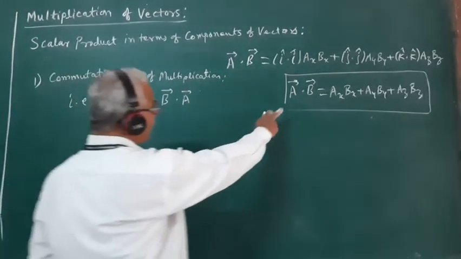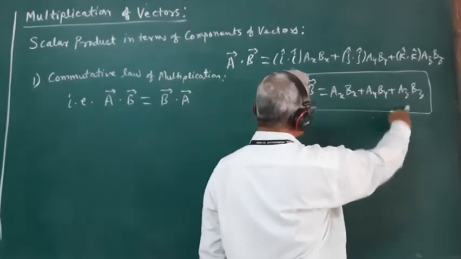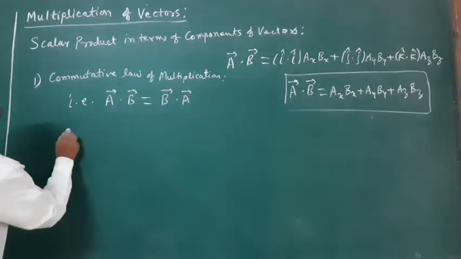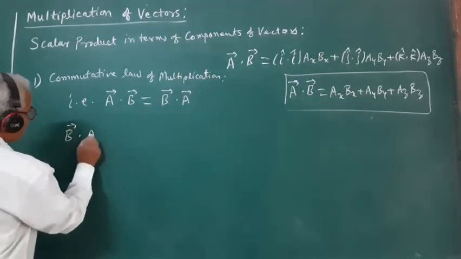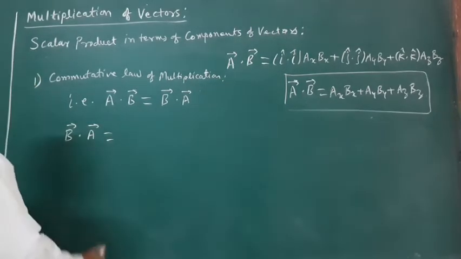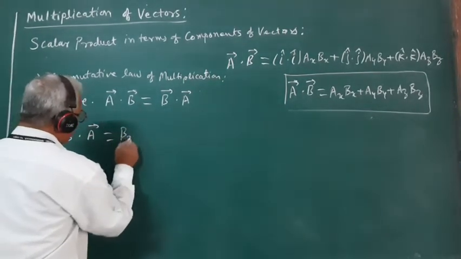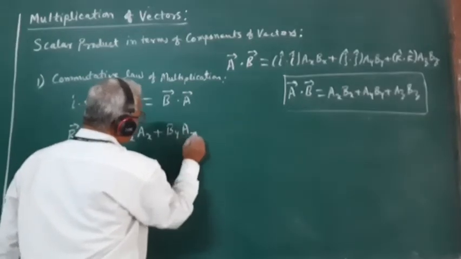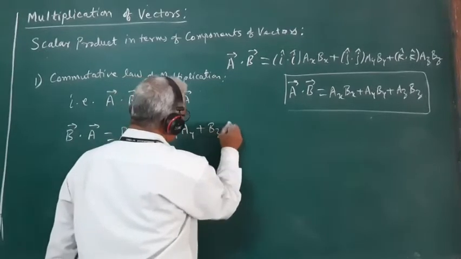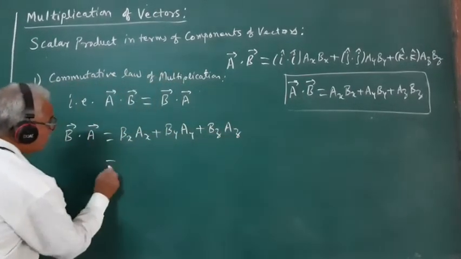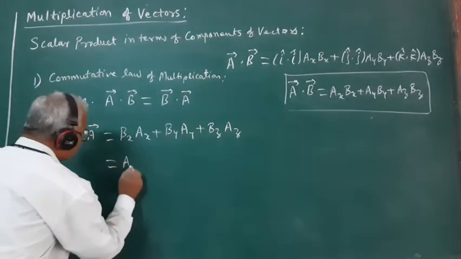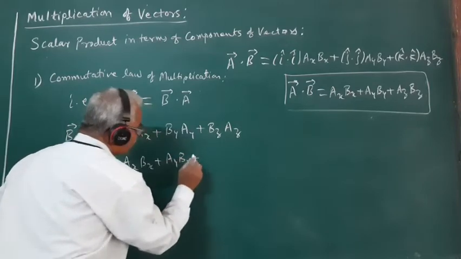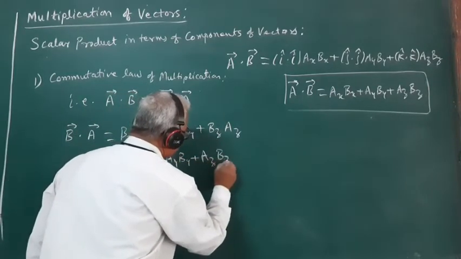We have said that A bar dot B bar is expressed as AX BX plus AY BY plus AZ BZ. And if we evaluate the dot product B bar dot A bar, it will be equal to BX AX plus BY AY plus BZ AZ, or this again can be expressed as AX BX plus AY BY plus AZ BZ.